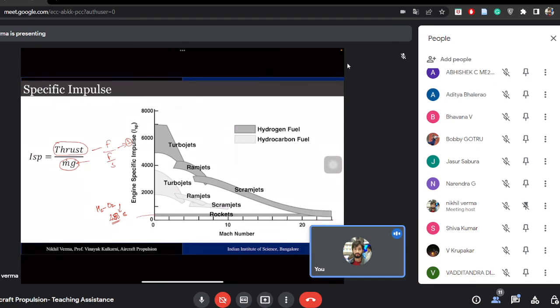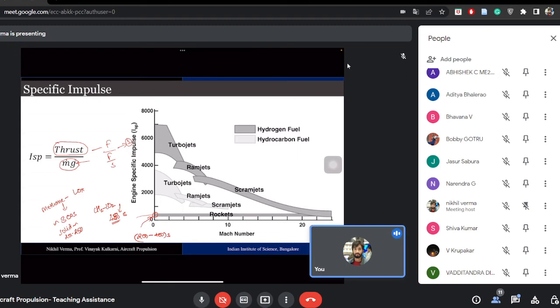For methane LOX, liquid oxygen, you have nearly about 300 seconds. For solid rocket motors, it is around 200 to 250, so it ranges about 200 to 400 seconds.